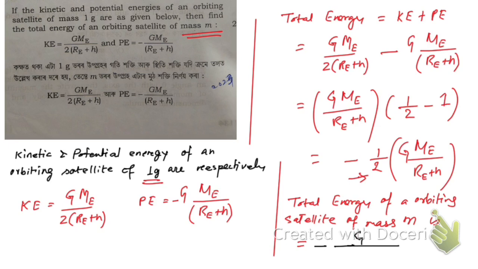That's going to be minus capital G capital M_E multiplied by small m, by 2 times Re plus h. So this is the total energy. Hope you have understood this. Now let me take the next question.